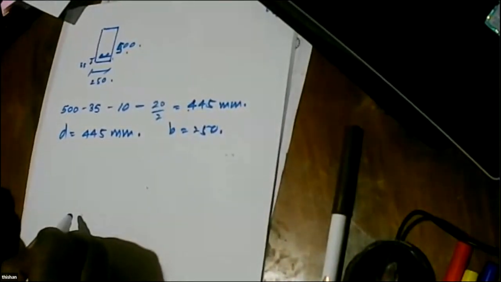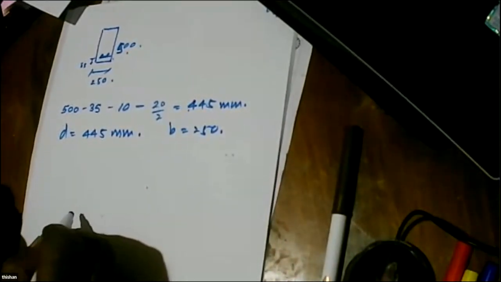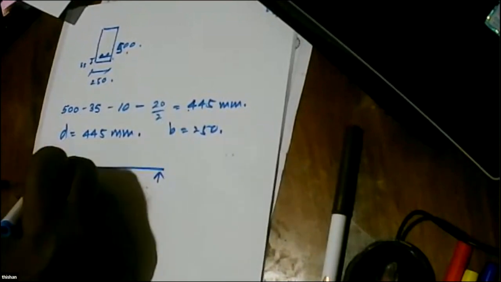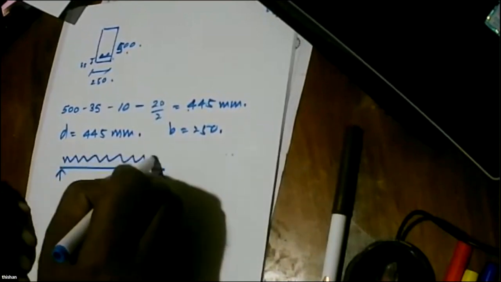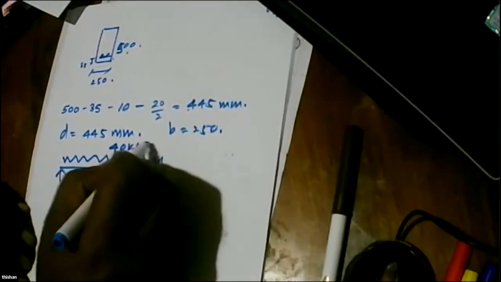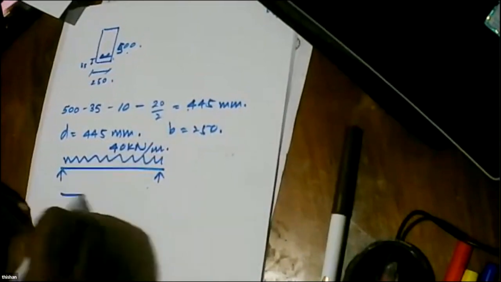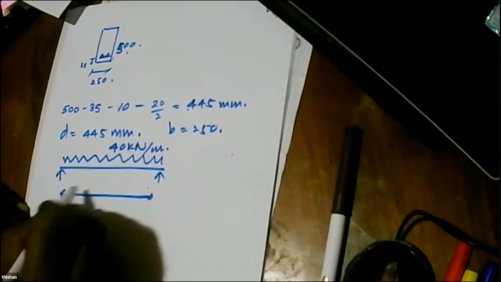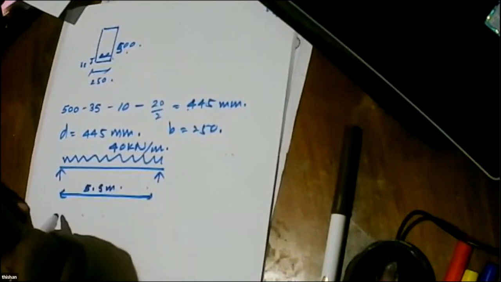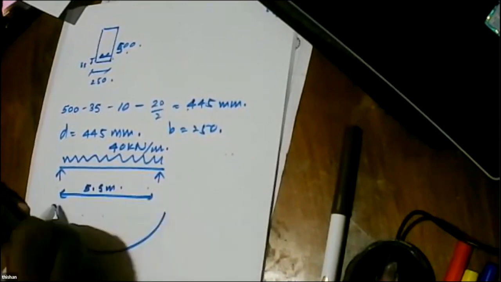And the moment: a simply supported beam having a load of 40 kilonewtons per meter, having a span of 5.5 meters, and this is the bending moment diagram.